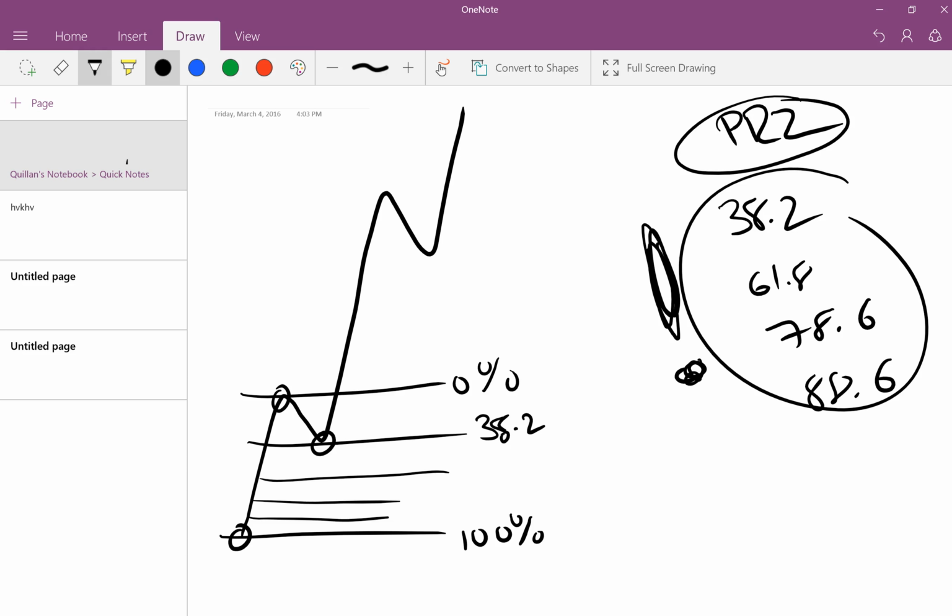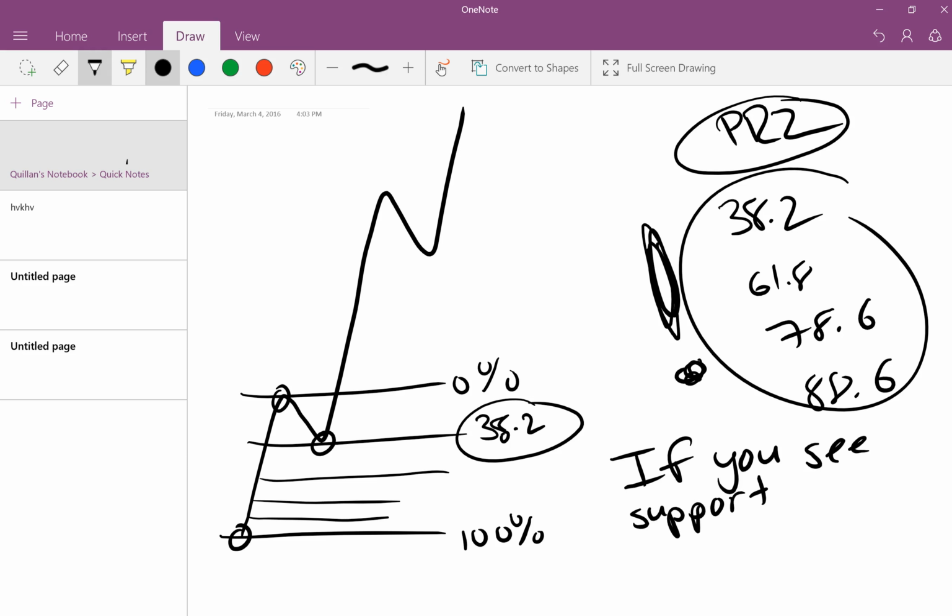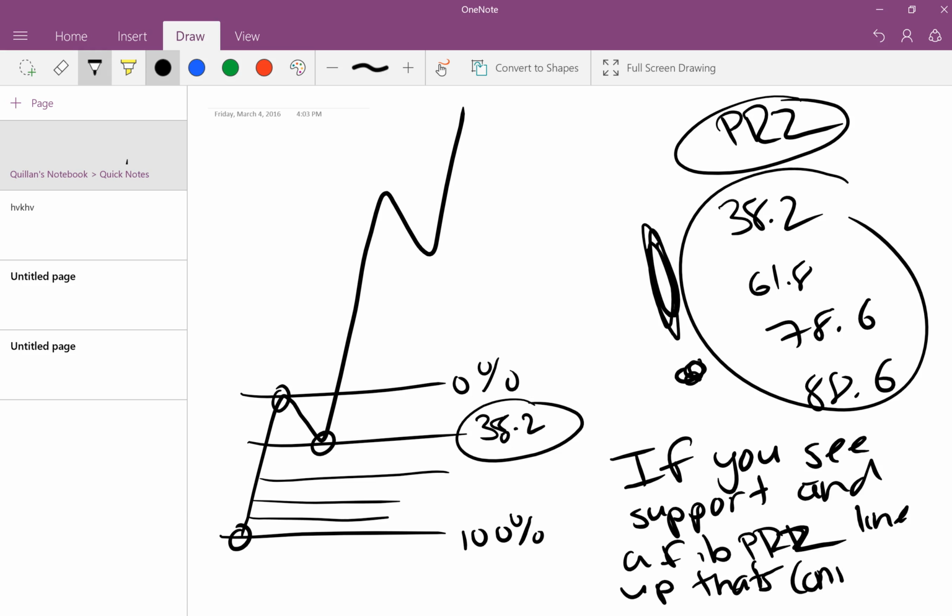The best way to do this is if you have confluence within the market, as in, if you have a support point within that same exact range as the 38.2. So if you see support and a fib PRZ line up, that's confluence.